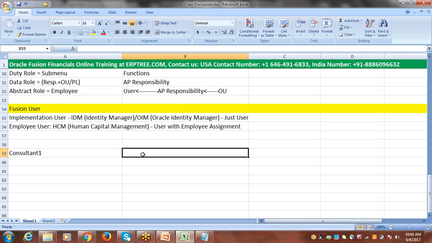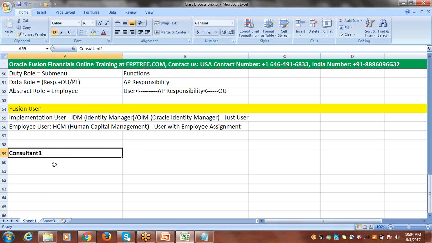But in Fusion, say you have one user called consultant 1 and you want to allow that consultant to do the system-related configuration. Which roles do we have to assign to this user? The roles are job roles and duty roles; we'll talk about those later.